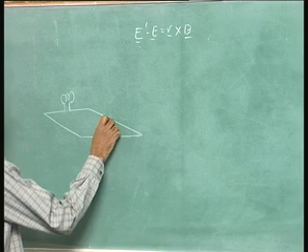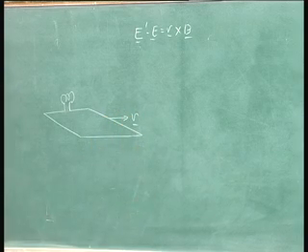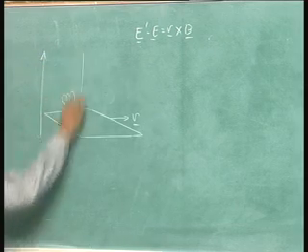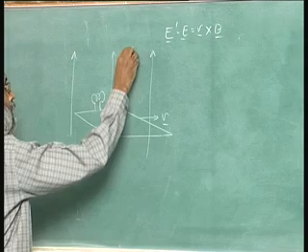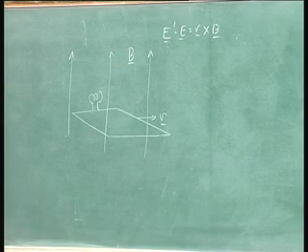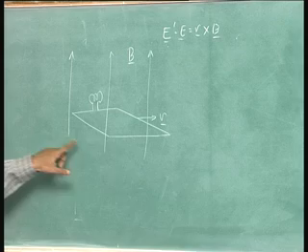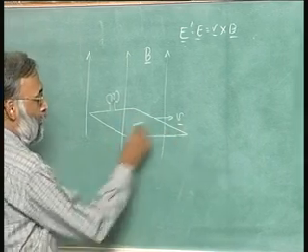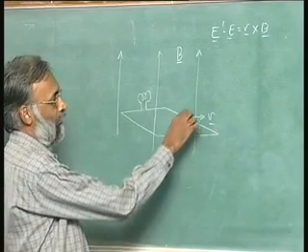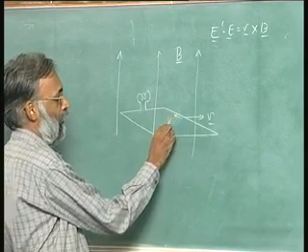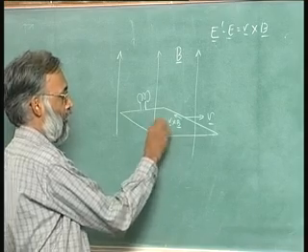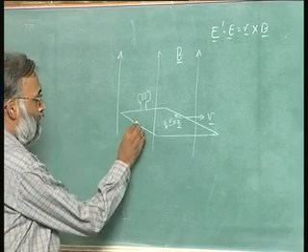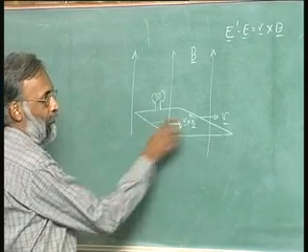This loop as a whole is moving with a velocity v, and well, let us say there is a magnetic field B. Now, if this magnetic field is uniform, well, you can see that this part of the loop V cross B is going to give me a force in that direction for positive charge Q. This part is also moving with the same velocity.